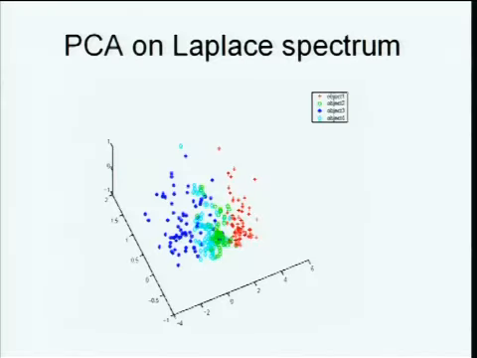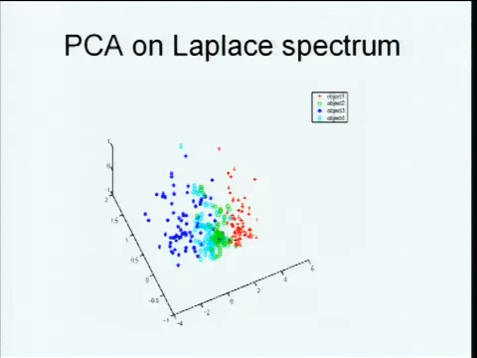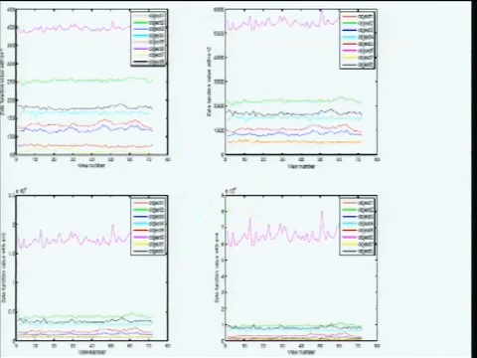This is what happens if I simply use the Laplacian spectrum for the 4 different objects. You'll notice that the clusters are much more overlapped. So it seems like the zeta function is doing something very useful to the Laplacian spectrum in terms of separating the objects. So we're certainly winning when we use it.